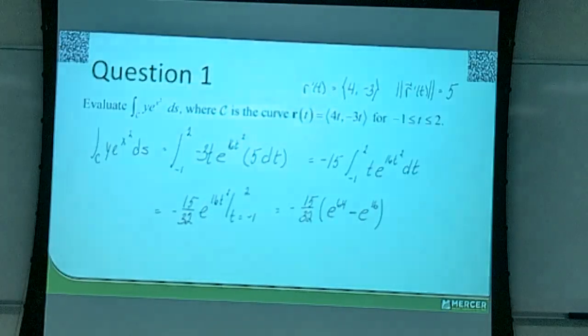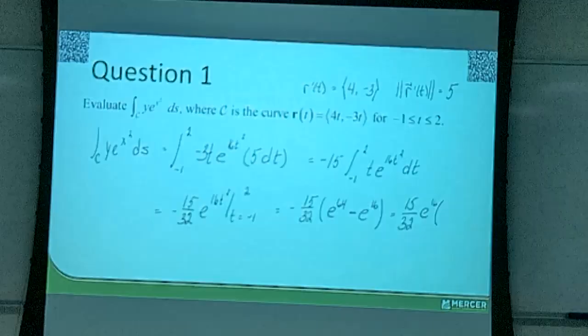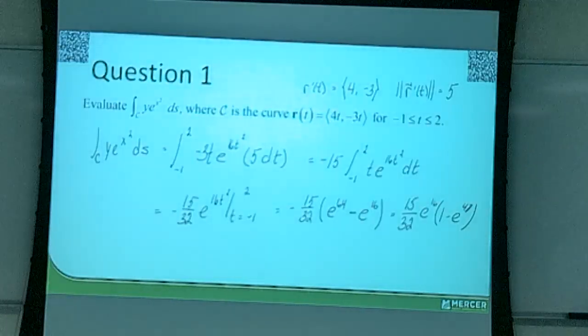And of course, we can simplify that. Factor out negative e to the 16.